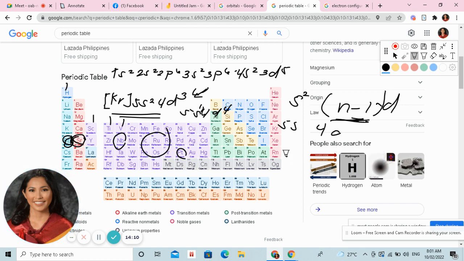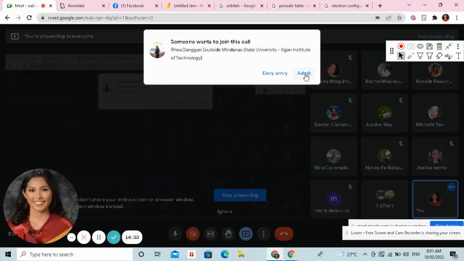If we have 6s in the outermost, then we will also add the electrons in the 5d orbital. Okay, so you add the s and the d for transition metals.